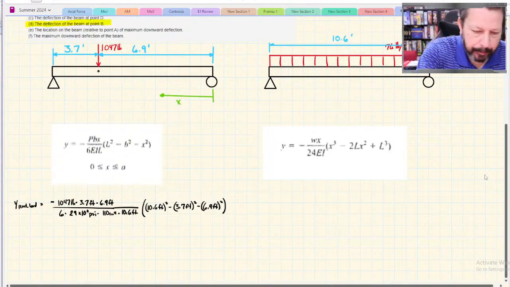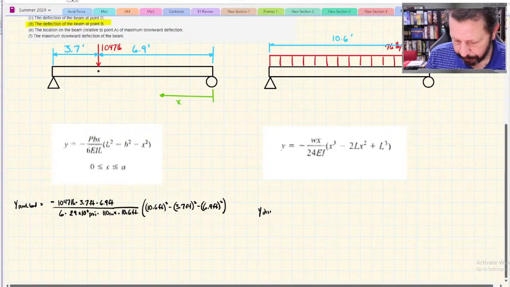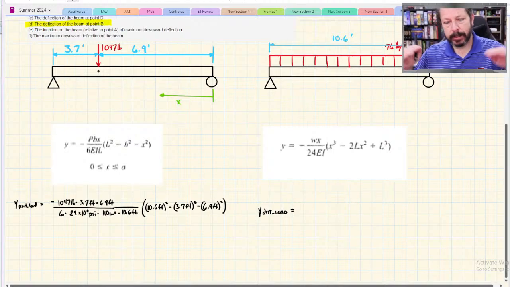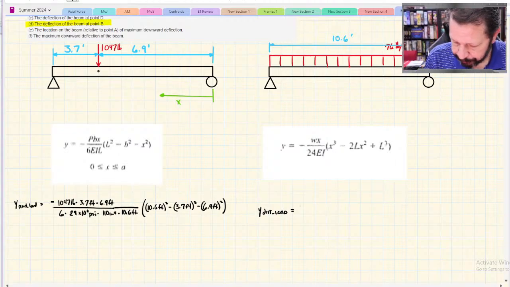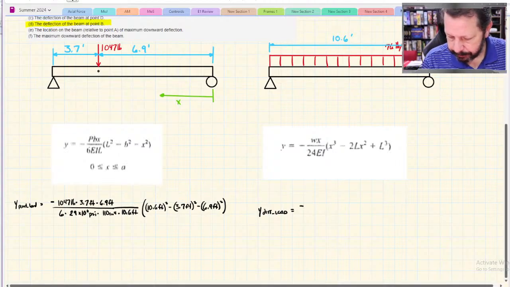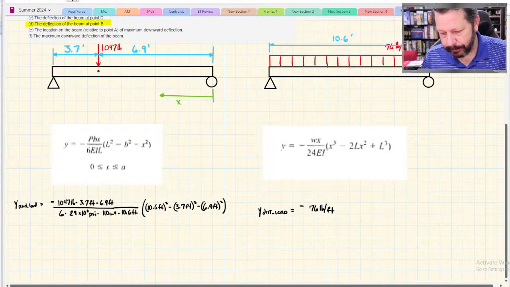Now for this one, it's also negative because the way the distributed load is applied to the beam causes it to bend downwards. W is the value of the distributed load. It is pounds per foot, so if I'm doing it by hand, I've got to deal with the feet to inches issue.